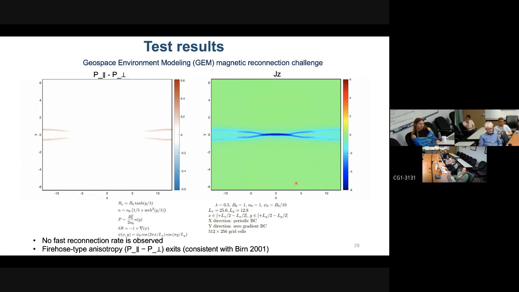So in the Geospace Environment Modeling, also called the GEM reconnection, the reconnection rate is not much different, but there are some other papers doing research on other types of reconnection using anisotropy schemes. Their results show that the anisotropy scheme gives you slightly faster reconnection, but it depends on what kind of reconnection you're studying.